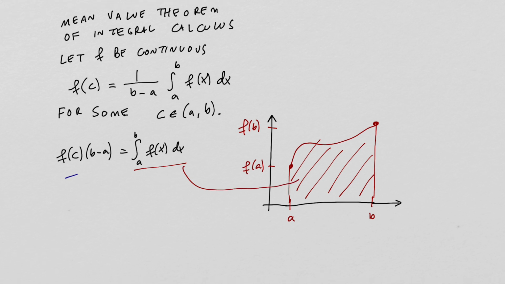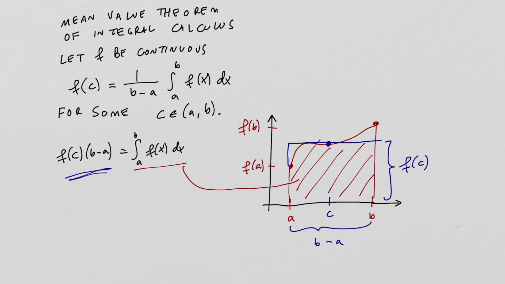The claim is that we can have a rectangle of the same area, if we choose our point c in a nice way. Now the area of the rectangle is the same as the area below the graph.